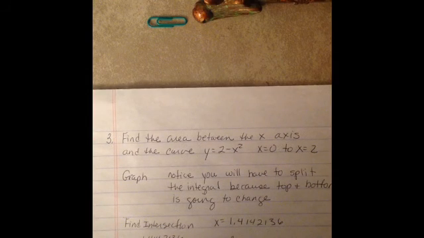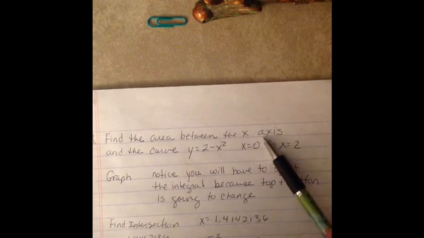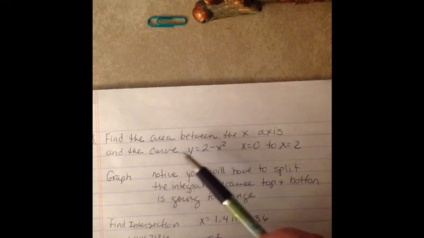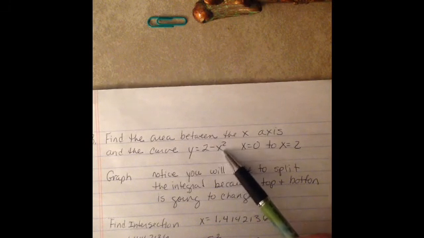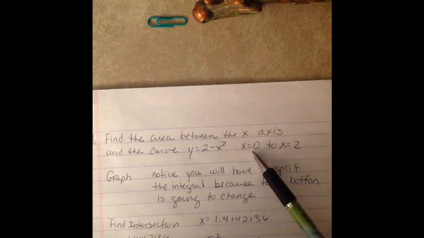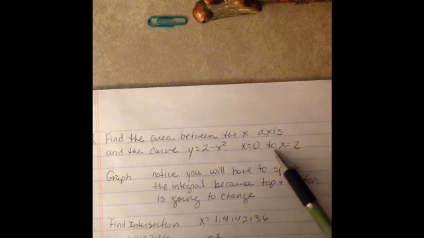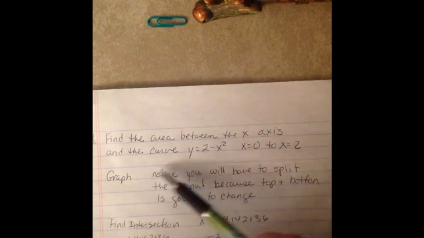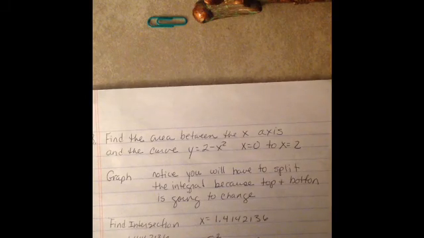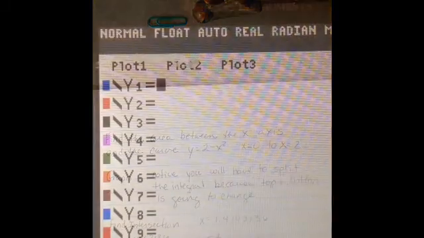So let's try one more where we're going to use our calculator. It says find the area between the x-axis and the curve y equal 2 minus x squared, 0 to 2. So we're going to graph this, and you're going to notice something about the graph. So let's look at the graph.